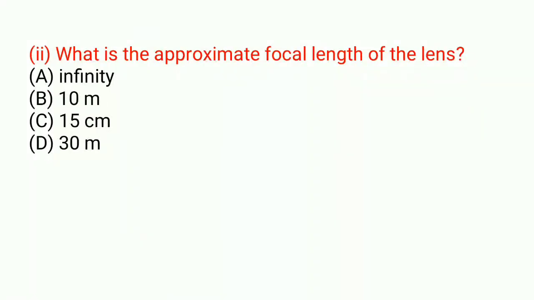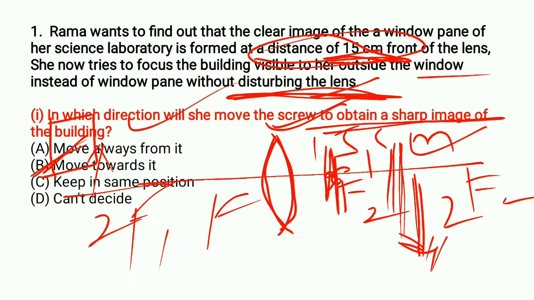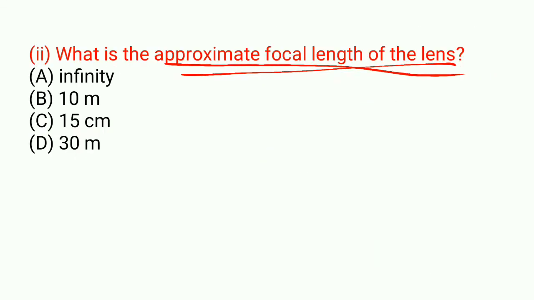Next question. What is the approximate focal length of the lens? As in the previous question, I have already drawn the rough diagram in order to understand. The focal length is 15 centimeter. Now they are asking the approximate focal length.